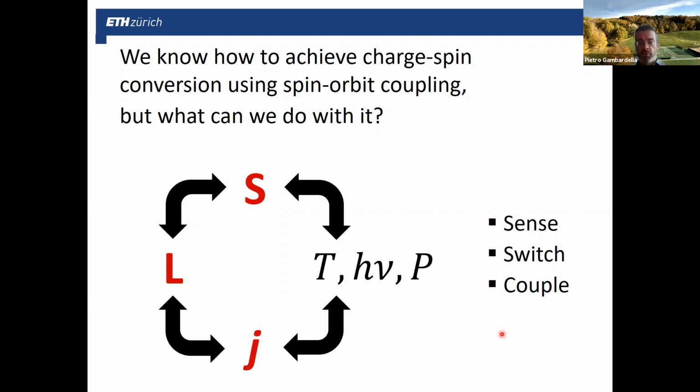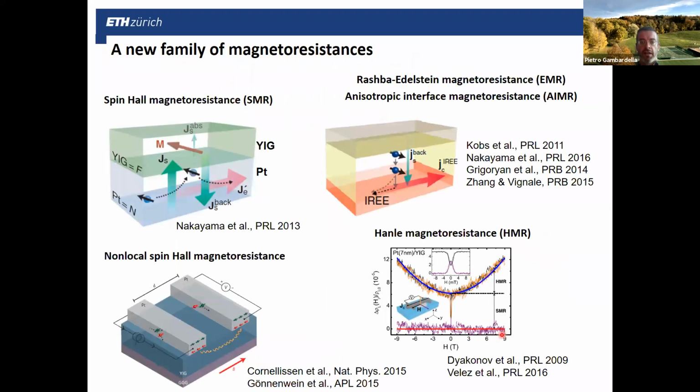There are also interesting coupling effects that can be observed in such systems. I will just mention them briefly at the end. So the first family of effects concern transport, in particular magnetoresistance effects. And it is now known that there are many sort of exotic magnetoresistance effects that differ from the standard anisotropic magnetoresistance in ferromagnets or from the Lorentz magnetoresistance in non-magnetic conductors.